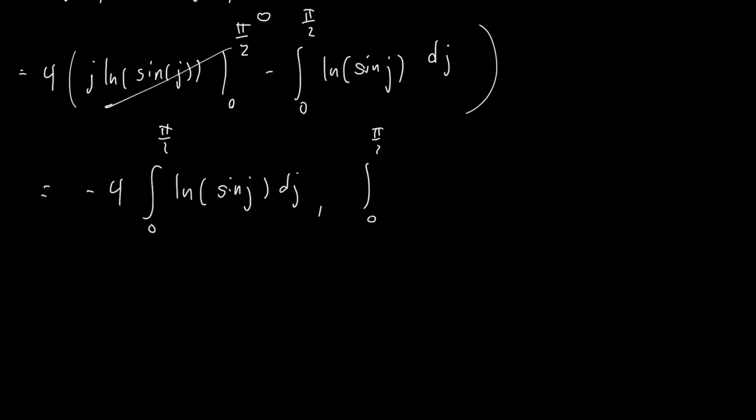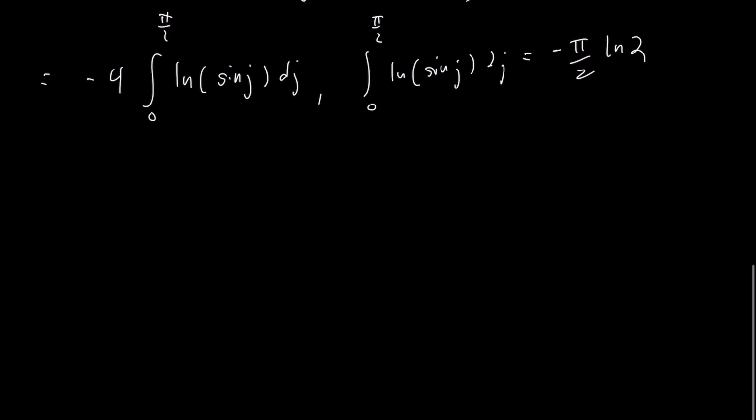But the integral from 0 to pi over 2 of the natural log of the sine of j dj is a well-known integral, and it equals negative pi over 2 log 2. So using this fact, we have negative 4 times negative pi over 2 log 2.